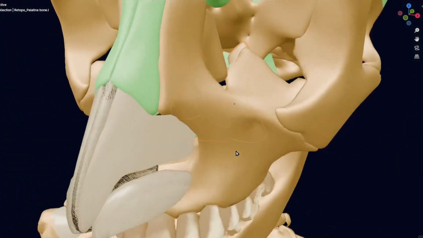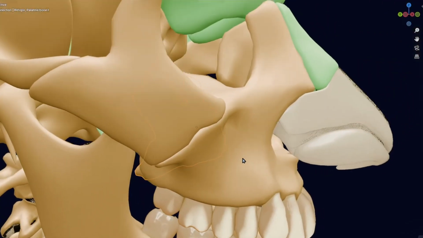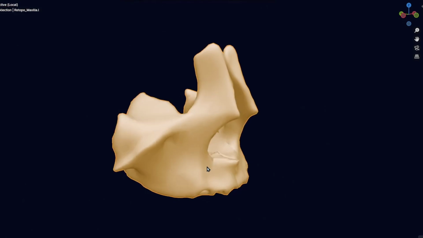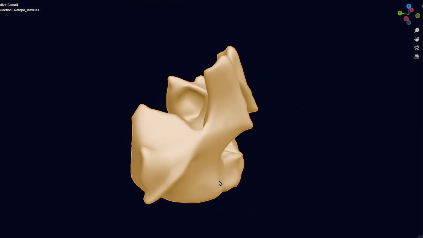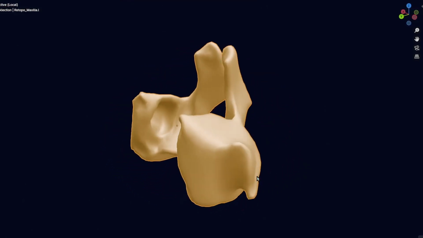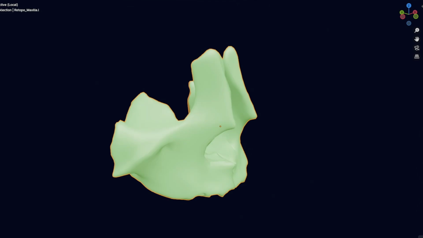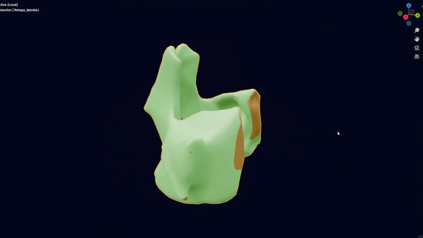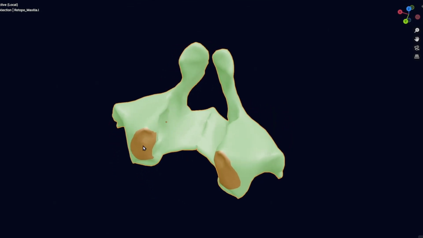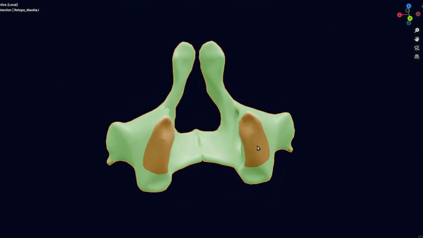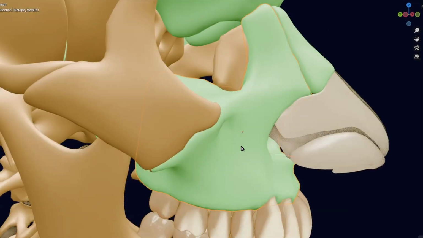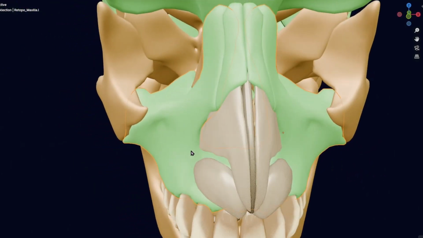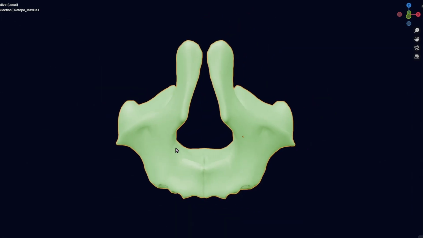Then the maxilla. Now, as I have told you previously, the maxilla is an exception. The maxilla is relatively quite rough, but still it is believed that only some part of the dorsal part develops with the help of endochondral ossification, while almost all the maxilla develops with intramembranous ossification.